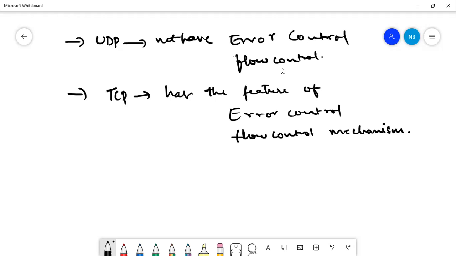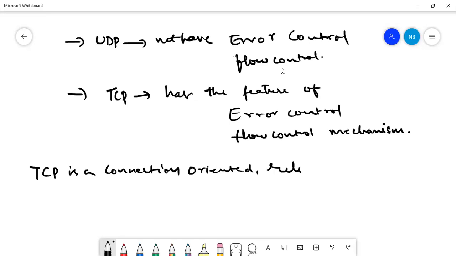So in brief, we can also say that TCP is a connection oriented, reliable transport protocol.